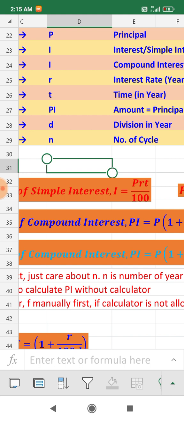Repeating once again, after a certain time, the interest will be calculated and thereafter it will be added to the principal.